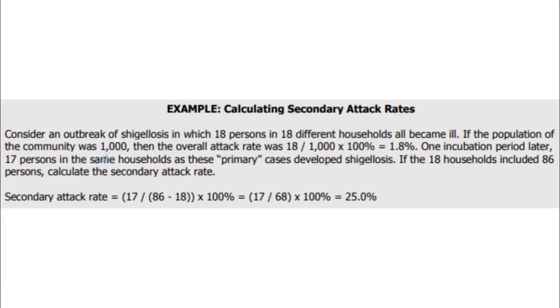So again, your primary attack rate or your risk is actually defined as the number of new cases compared to that of the entire population. So the number of new cases here, I'm talking about primary attack rate, not yet the secondary. Okay, just to compare. So your primary attack rate here is represented by 18.